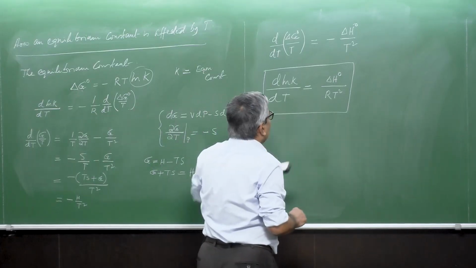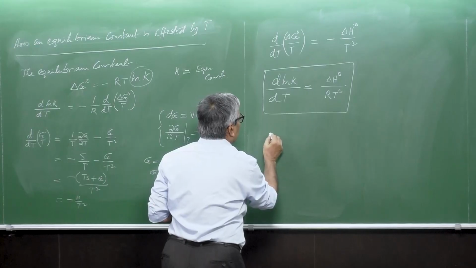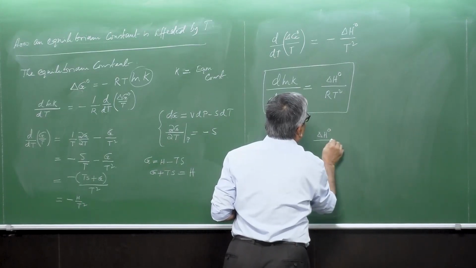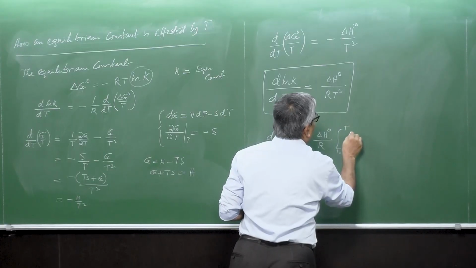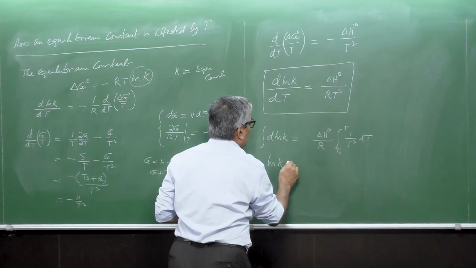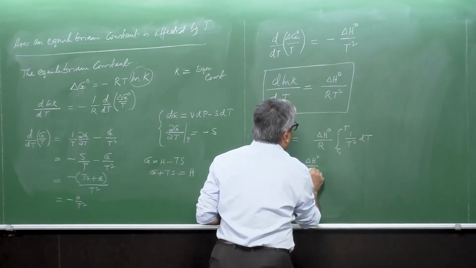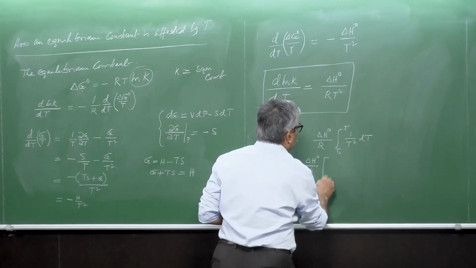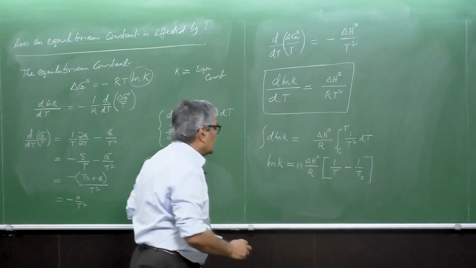And if we integrate this quantity, d ln K equal to delta H0 by R, then we integrate from some T0 to T of 1 by T square dT, and that gives ln K equal to delta H0 by R with a minus sign, because the integral of 1 by T square is minus 1 by T, times 1 by T minus 1 by T0, plus a constant.